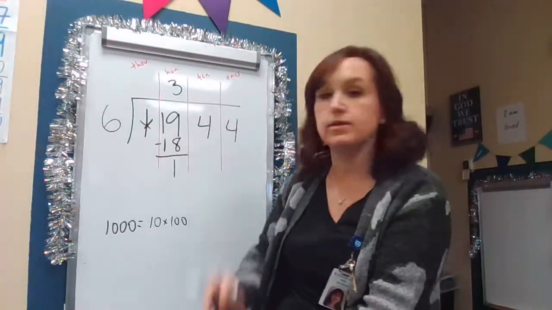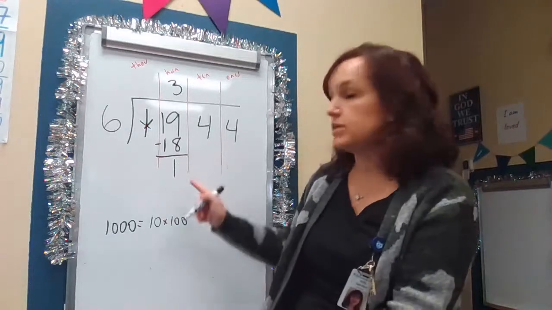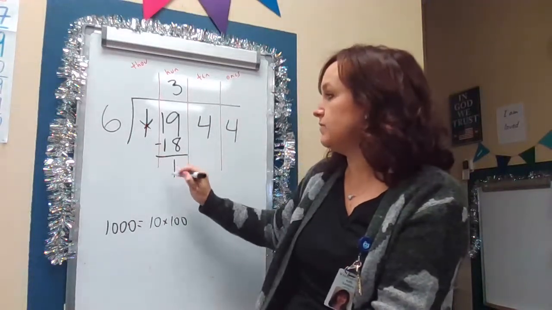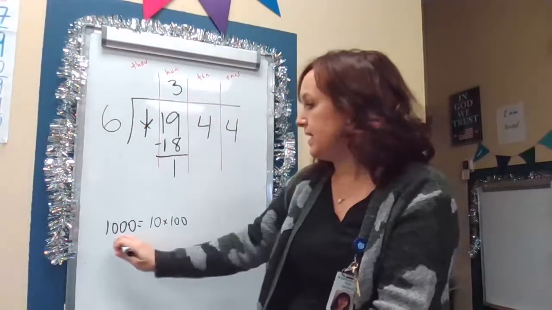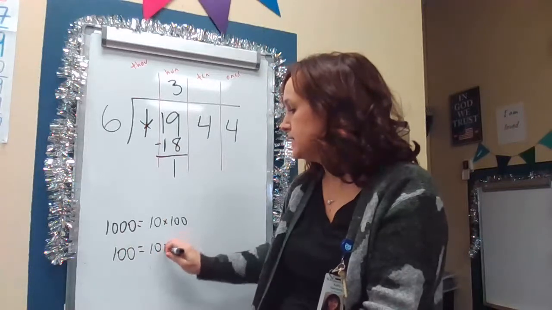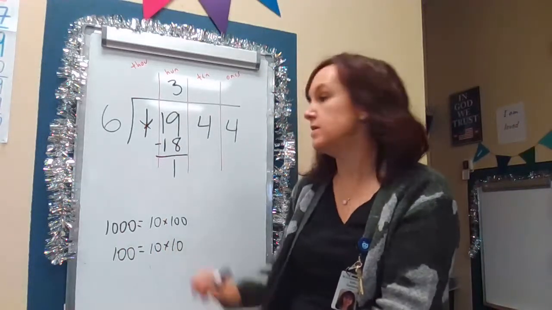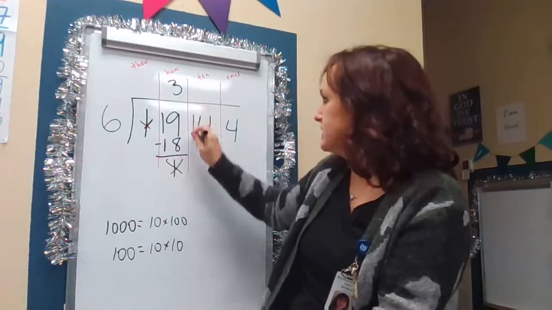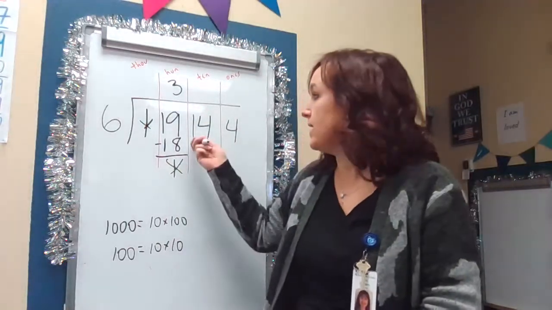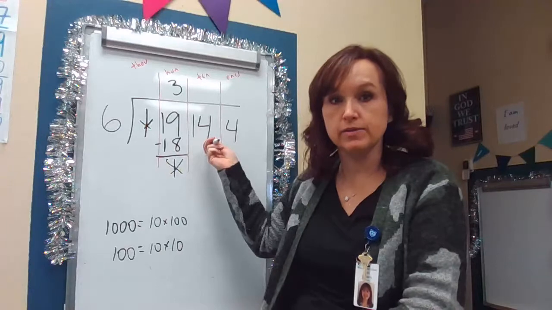I have one $100 bill. So I can't give that to 6 people. So just like I did before, I'm going to take it to the bank, and my 100 is the same as 10 $10 bills. So I'm going to trade it in for 10 tens, and I already had 4 tens. So now I have 14 $10 bills.